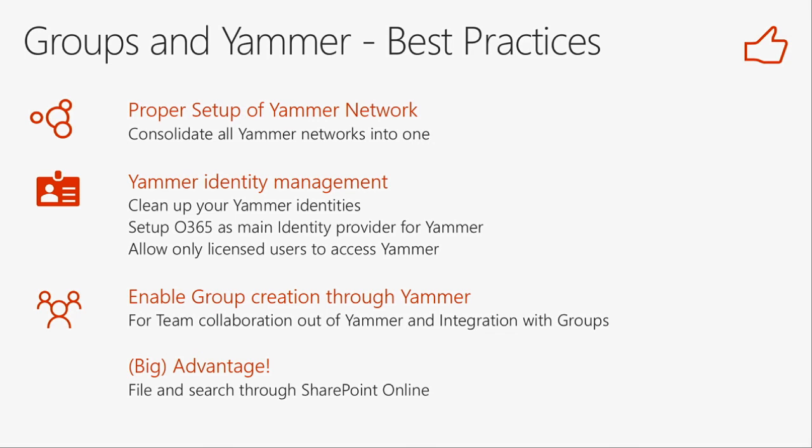And then the last step is allow only licensed users to access your Yammer network. And then groups creation is enabled. That means if a user creates a new Yammer group, he gets the functionality of an Office 365 group as well, with a SharePoint site, with anything else. And the Yammer team is currently working on a deeper integration, and then you have the full functionality in there as well.